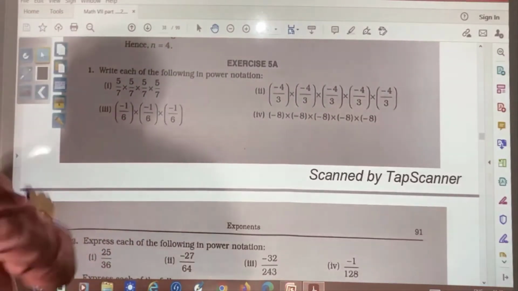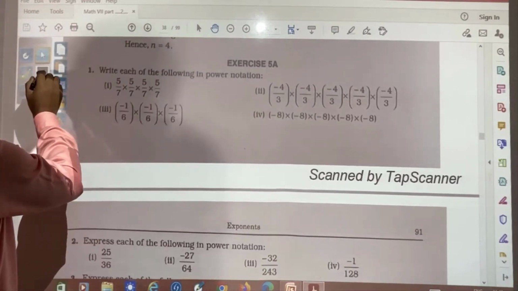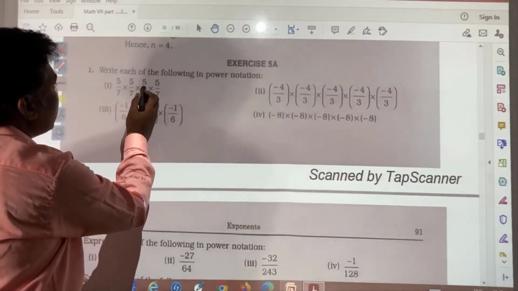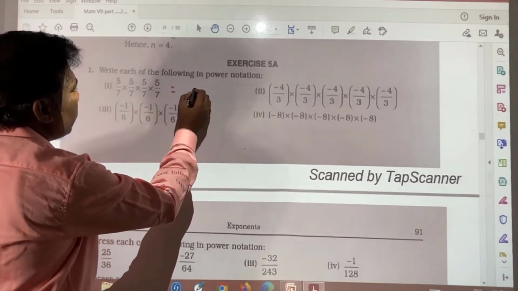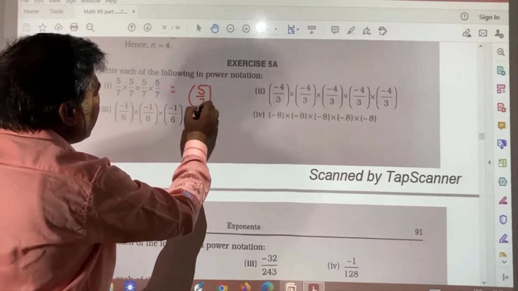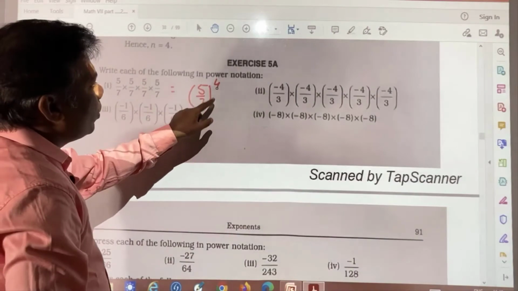Here we have the first question: write each of the following in power notation. If you remember, this is so easy. 5 by 7 into 5 by 7 into 5 by 7 into 5 by 7, 4 times, will be 5 by 7 to the power 4.